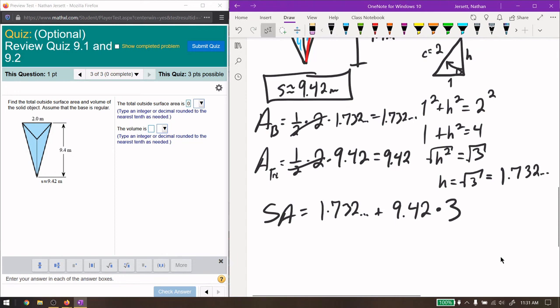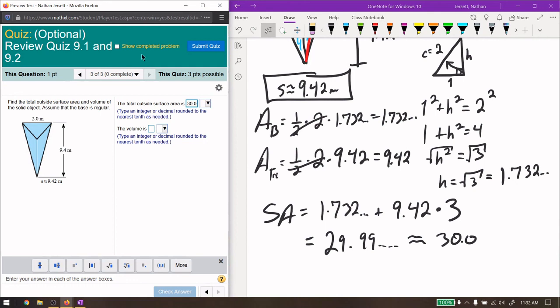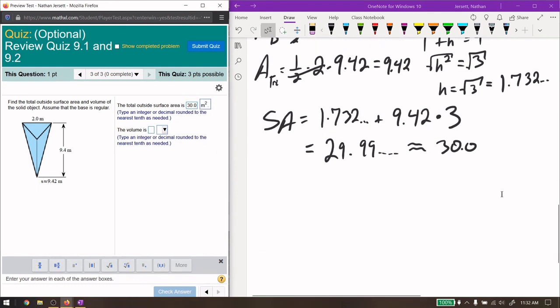Okay, doing that gives us 29.99, it continues on, which rounded to the nearest tenth is 30.0, and surface area is in meters squared.